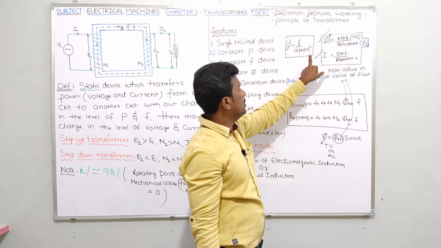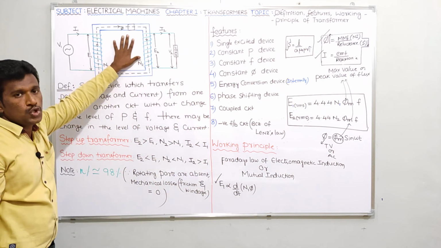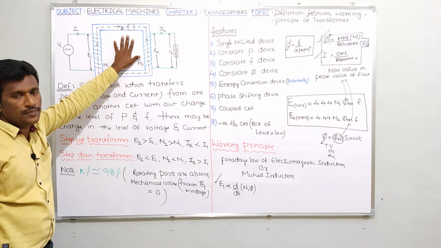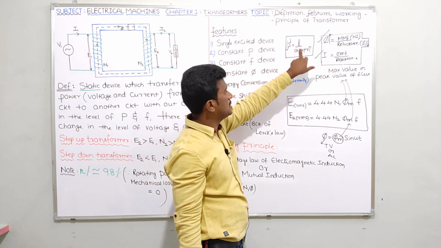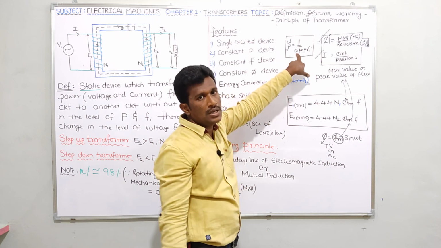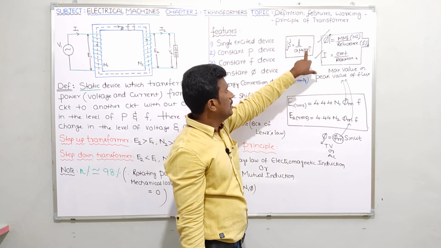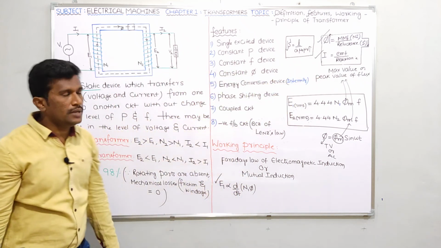Reluctance low means permeability should be more. The transformer core should be made up of material whose reluctance value is less and permeability value is more. In this reluctance formula, L is the length of the path of flux, A is the cross sectional area of the transformer core, mu naught is absolute permeability, and mu r is relative permeability. Those things we will discuss in future, don't worry.